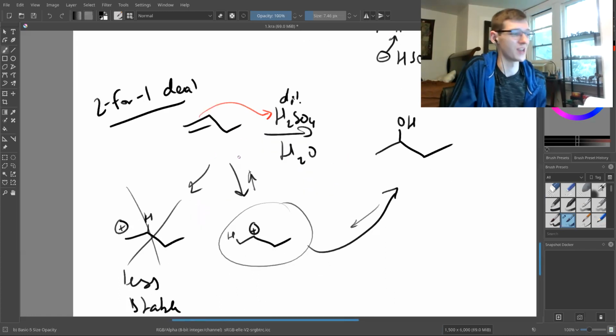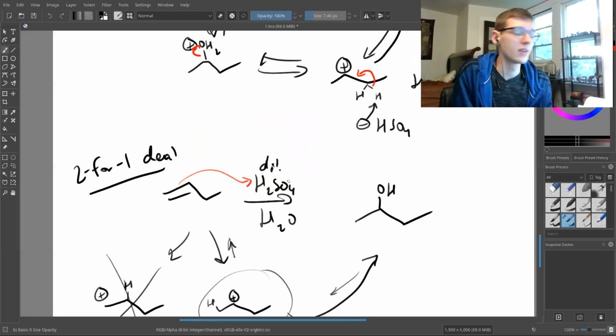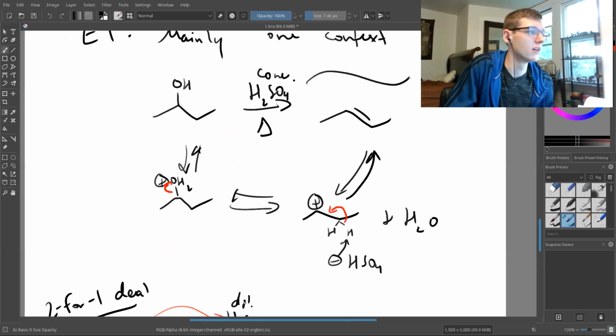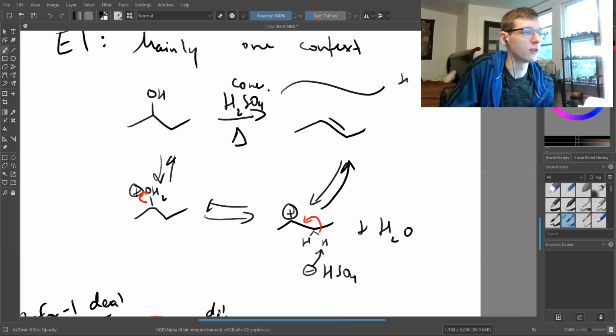I literally drew the same thing just backwards. Well, slightly different because I moved the double bond. But the reason we use concentrated in this case is to force the reaction in the forward direction.